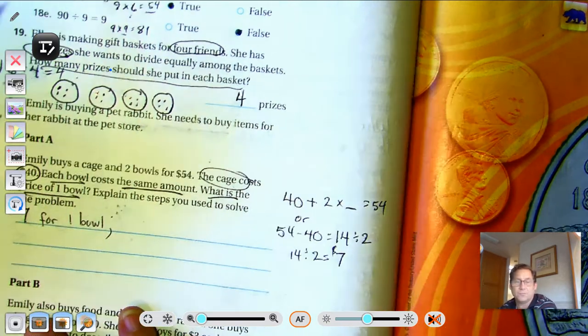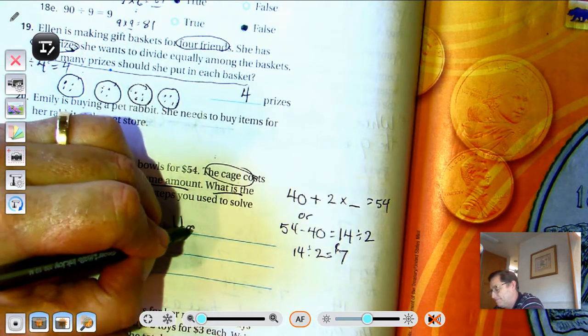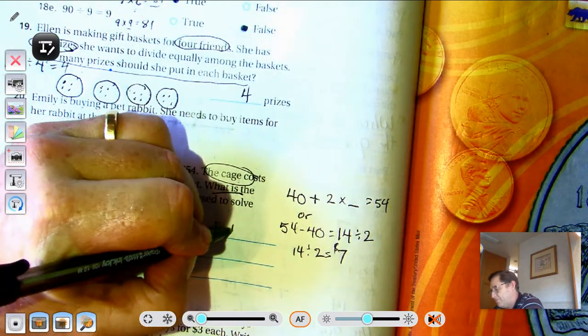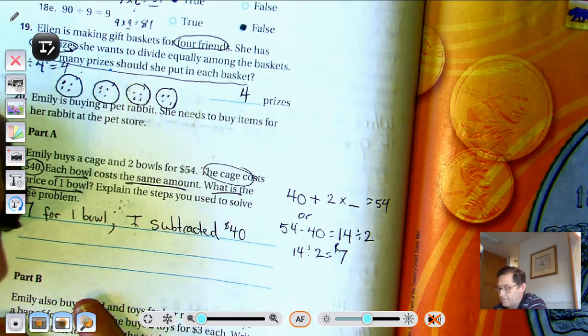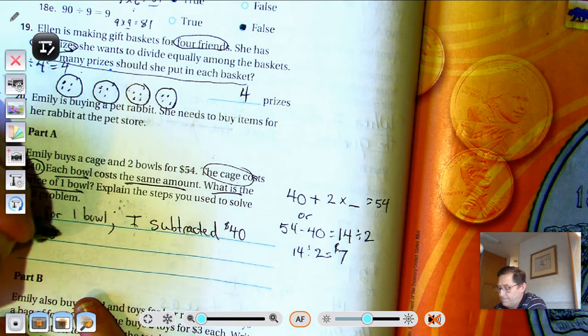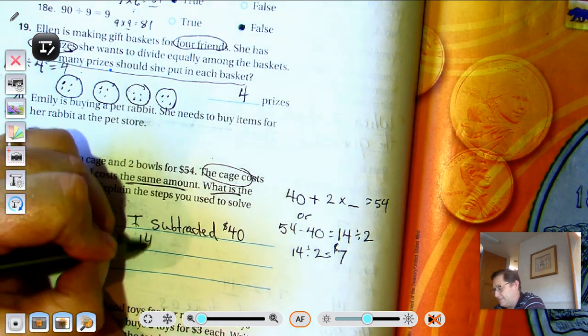So what did I do? Well, I subtracted 40 dollars from 54 to get $14.